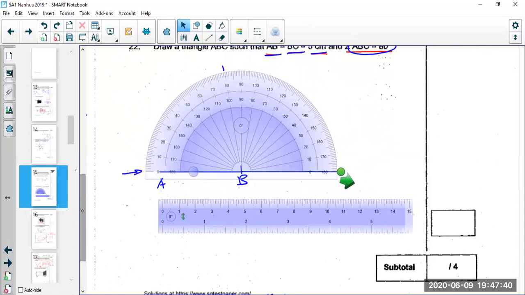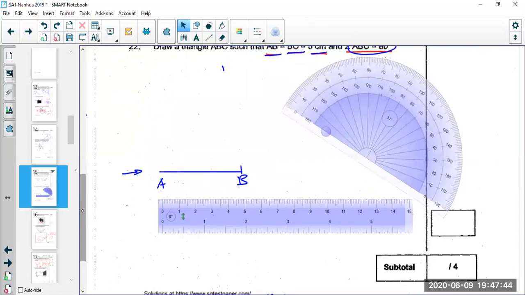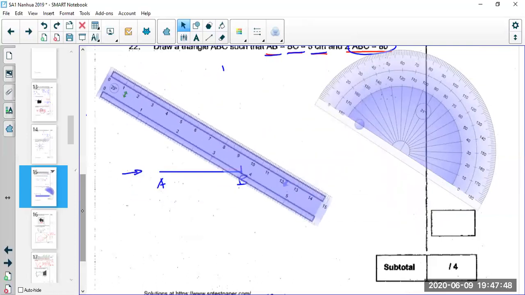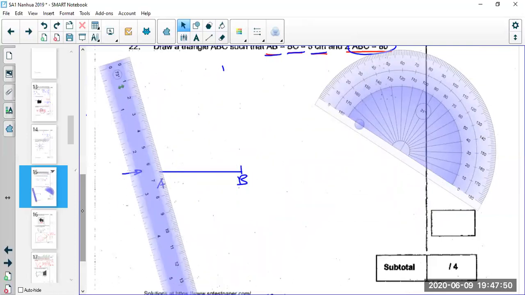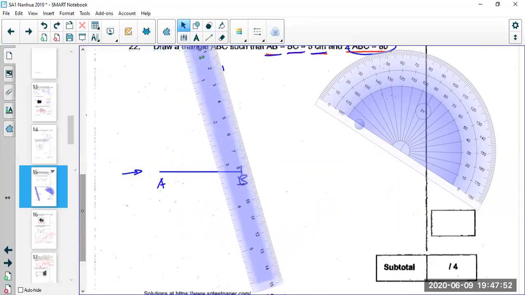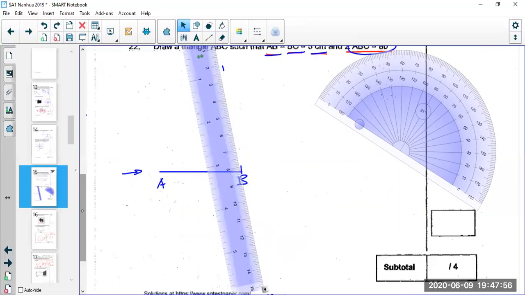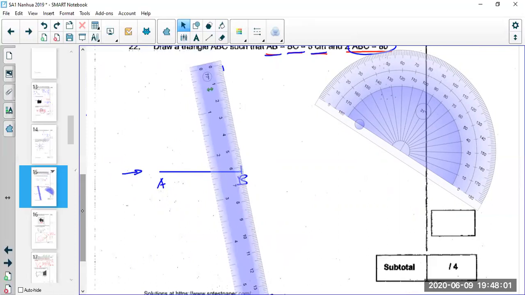Put a little marking there. Then let go of the protractor, take your ruler and join the dots. Join the line with the letter B. So just join first, and then it's something like that. All right.